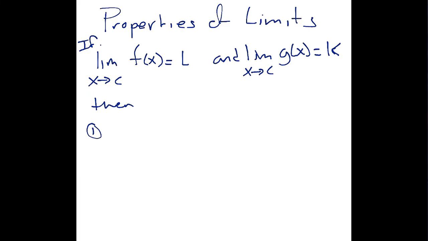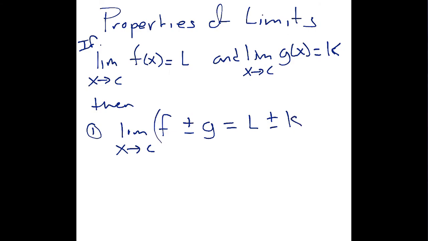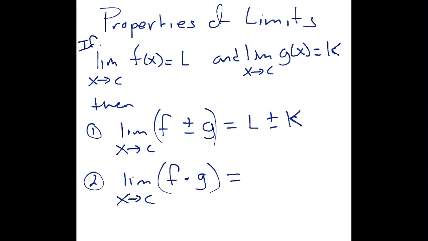Number one, the limit as x goes towards c of f plus or minus g is equal to L plus or minus k, meaning you can evaluate those limits independently and just add the values together. Two, the limit as x goes towards c of f of x times g of x. So if you multiply those, you can just multiply the two values of the limit, and you're good.